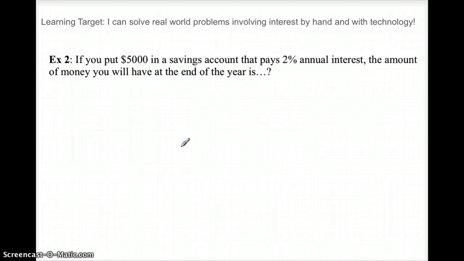If you put $5,000 in a savings account that pays 2% annual interest, the amount of money you will have at the end of the year, meaning 1 year, so that's my time, will be what? The amount of money that I'll have.